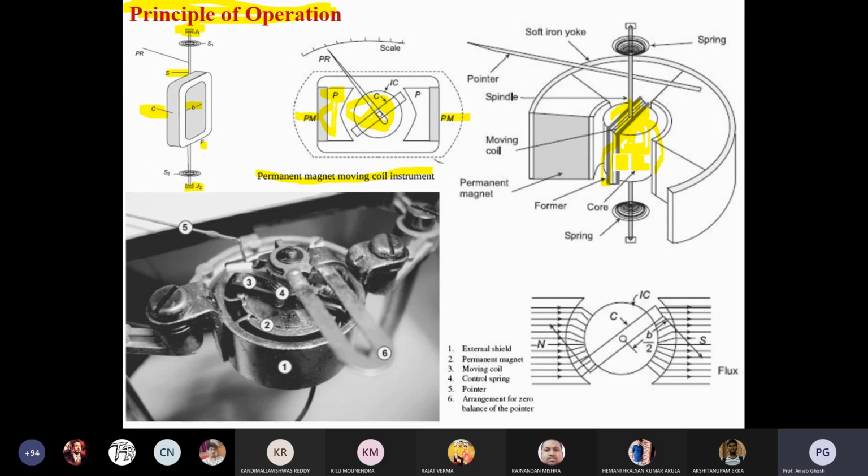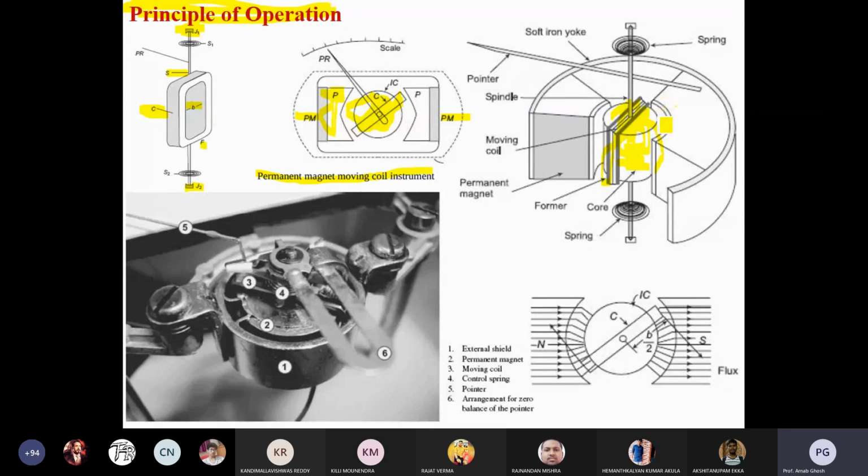In my last class I discussed why the springs are there. The springs provide a counter effect if any current is passing through this coil. Here you can see the flux diagram of the PMMC instrument. There are north and south poles, meaning two poles of the permanent magnet.